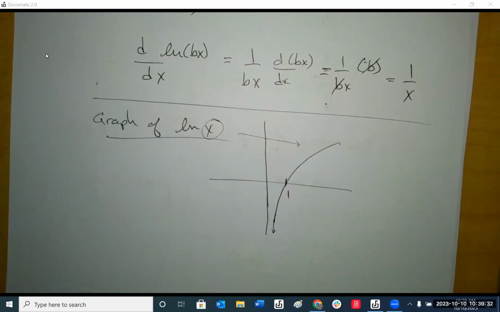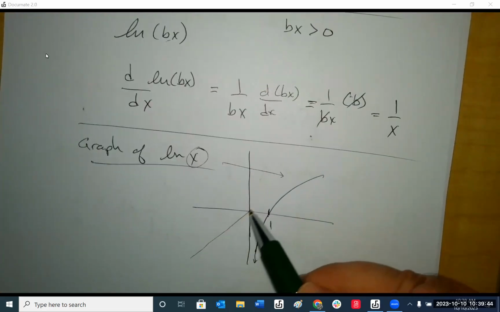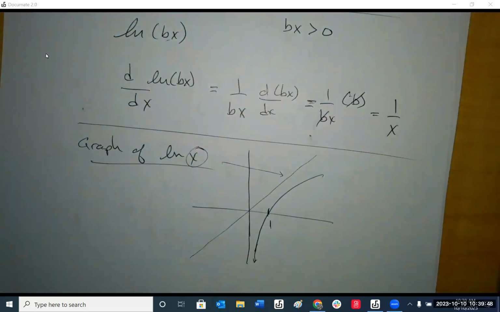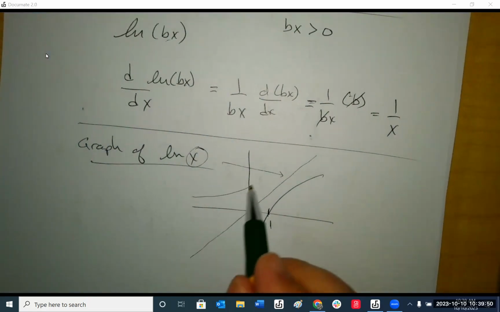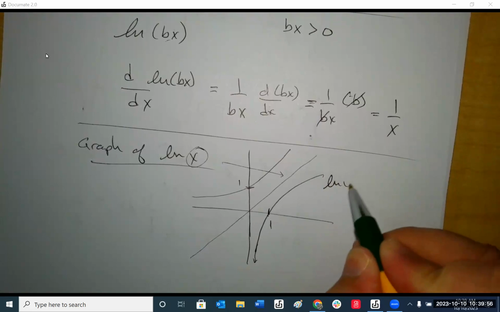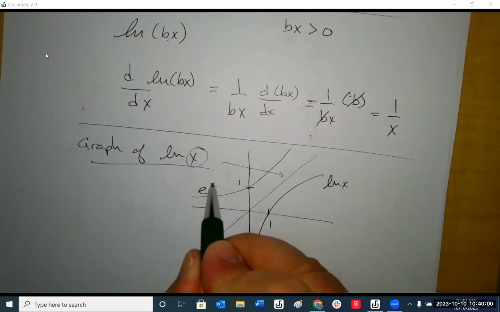What's the inverse of ln x? If we drew a 45-degree angle line right here, the inverse would be a mirror image. So this is ln x. Which function looks like this?